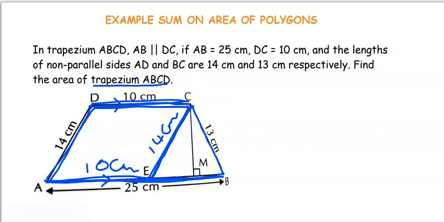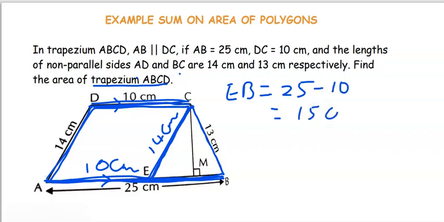What would be the remaining part of this bigger line AB? EB is equal to total AB minus AE, so 25 minus 10 gives you 15 centimeters. The base of the triangle is 15 centimeters.